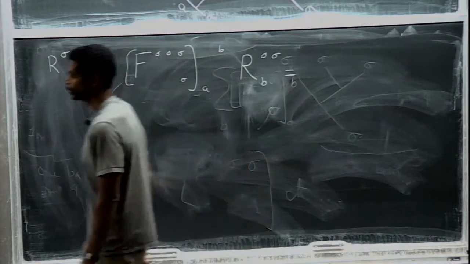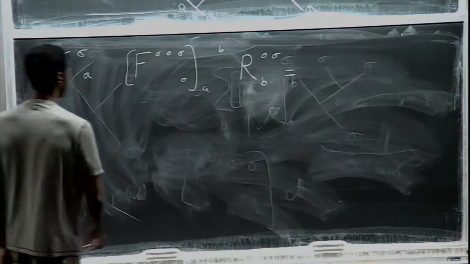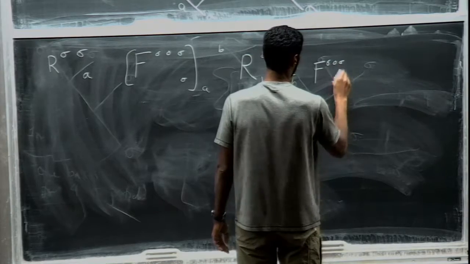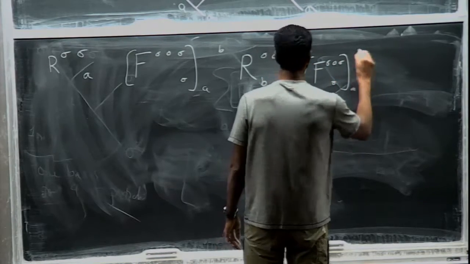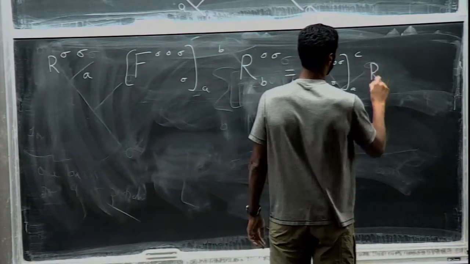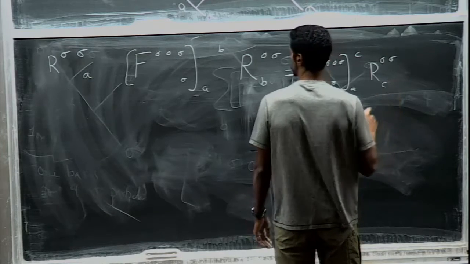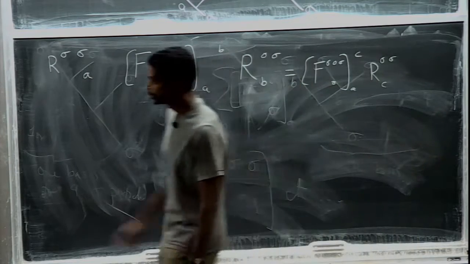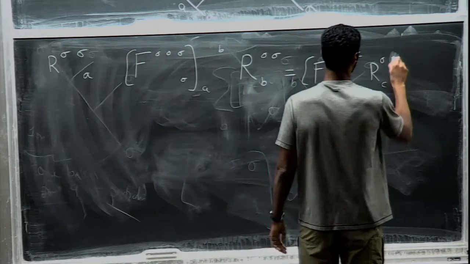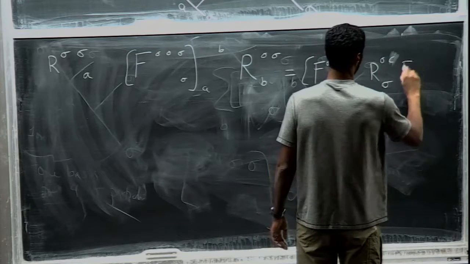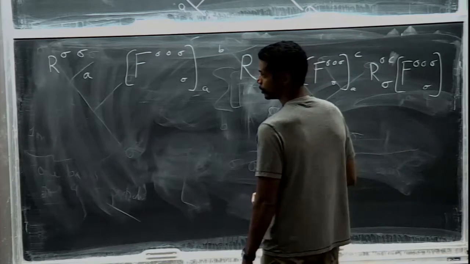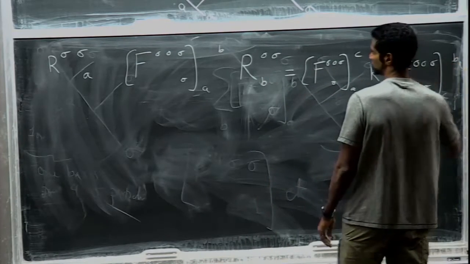This has got to be equal to, on the right-hand side, we have an F move, AC. We do an R. And then, oh, wait, hang on. Is that right? No, it's R sigma C sigma, and then F. Okay.